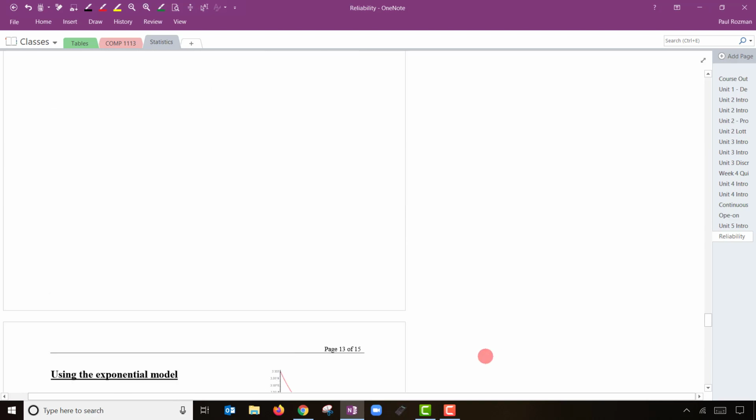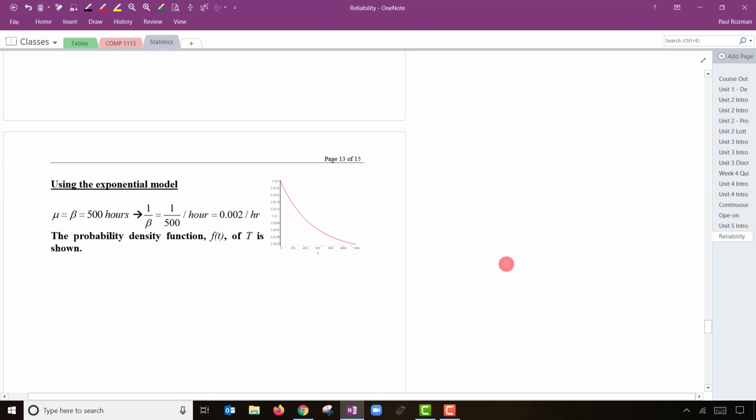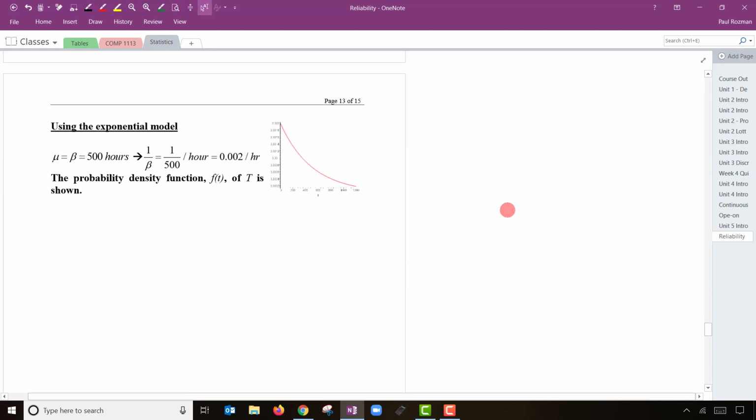So let's do the exponential model first. I guess it's the easiest one. For the exponential function, the mean of an exponential is just that parameter beta. So whatever device we're studying on average lasts 500 hours, so our parameter beta is 500. The mean is the beta.